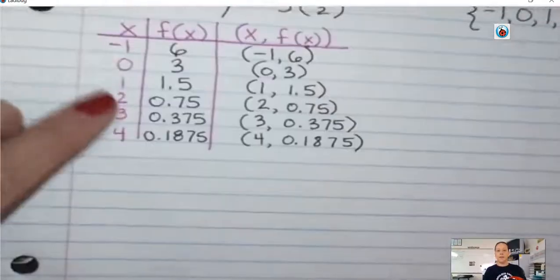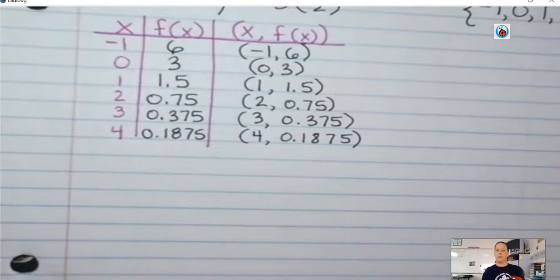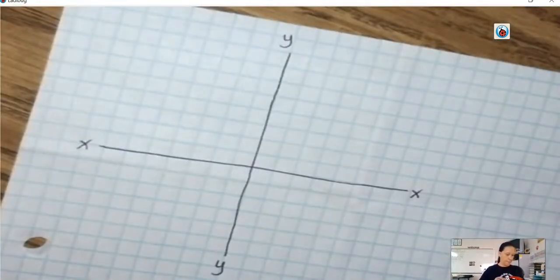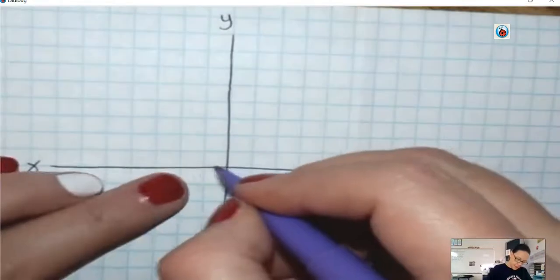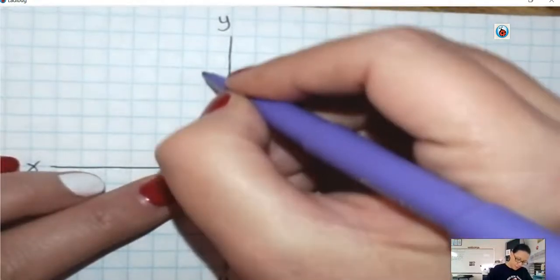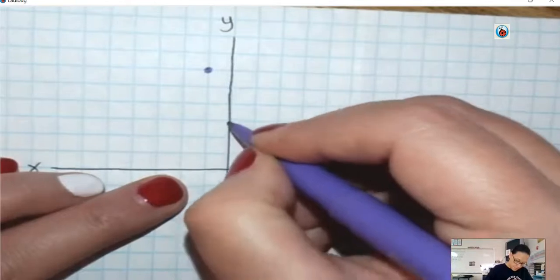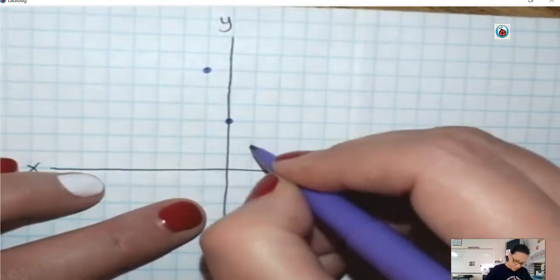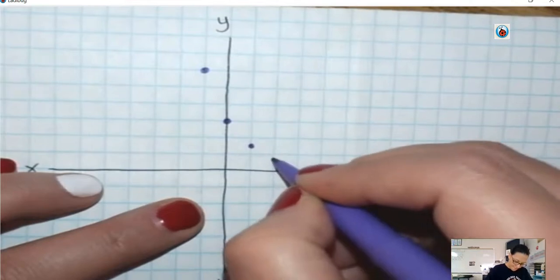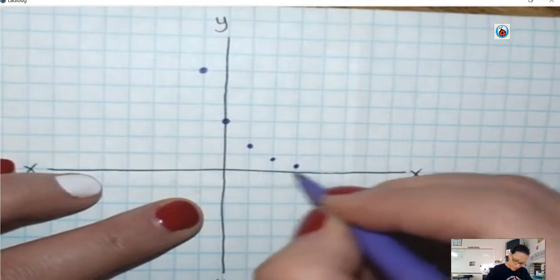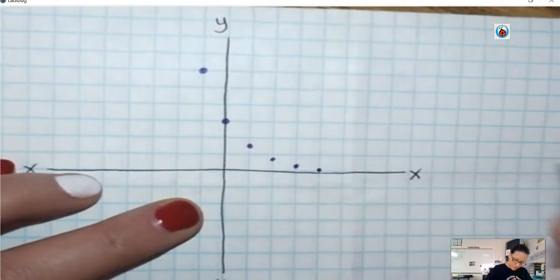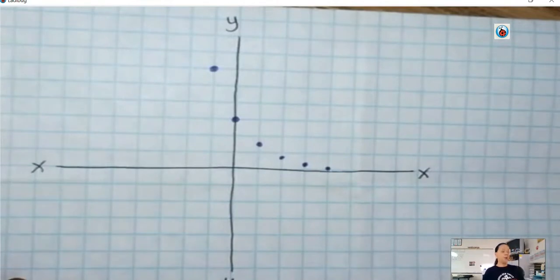So take your points and graph just these points. And obviously, with the decimals, you're going to kind of have to guesstimate a little on where exactly the dot is. So when you're done, if you did it correctly, you should see a smooth curve starting.